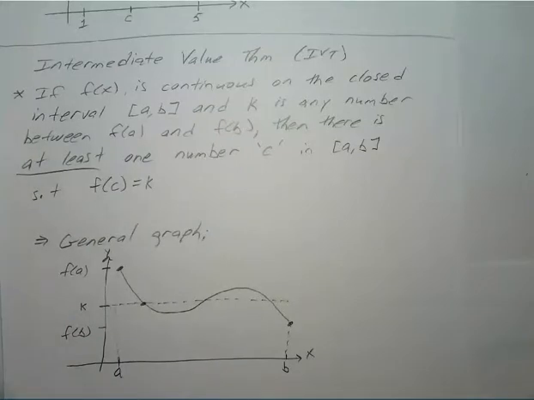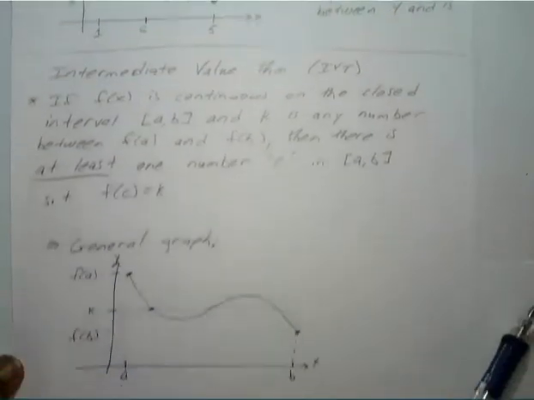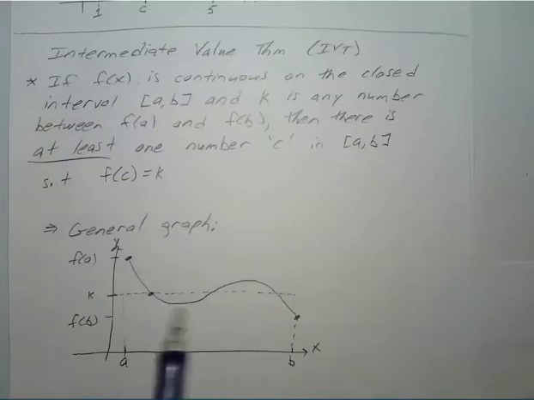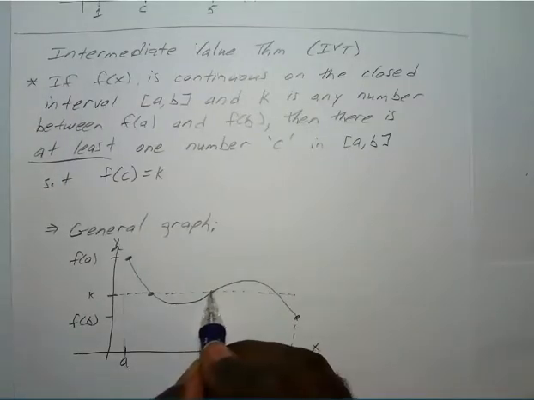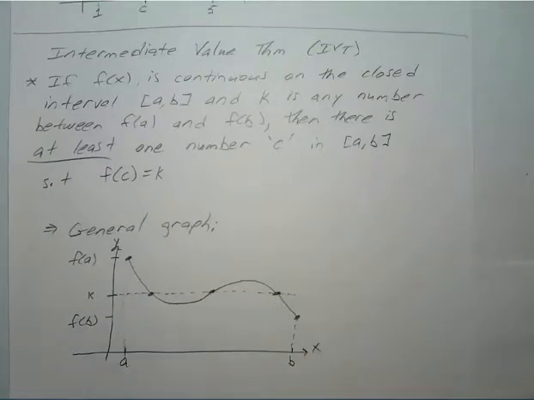In the graph I had up top, there was just one c value. But depending on what the graph is, there can be more than one. Here you have 1, 2, 3, so you have 3 values.